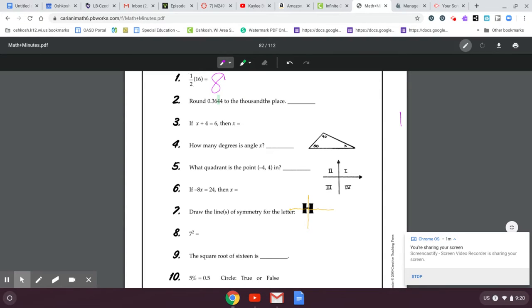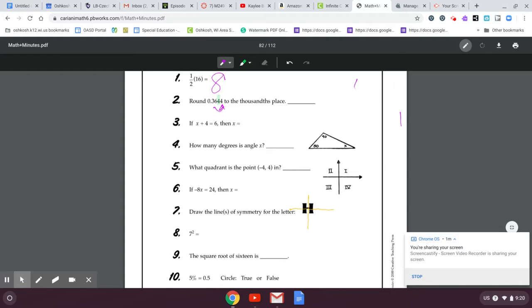Now, number 2, we have round 0.3644 to the thousandths place. So I highlighted the thousandths place. The 3 is in the tenths, and the 6 is in the hundredths. And remember, when we're rounding, we need to look to the number to the right of that. So if we're rounding to the thousandths, we need to look at the other 4.